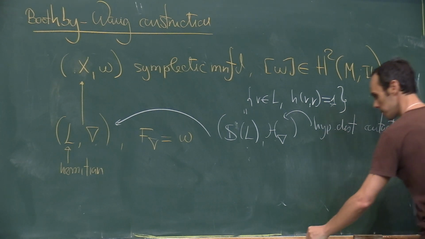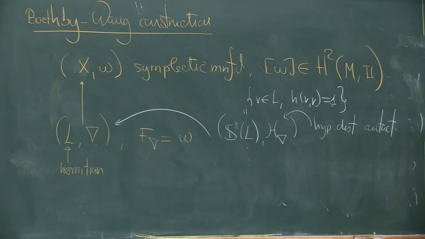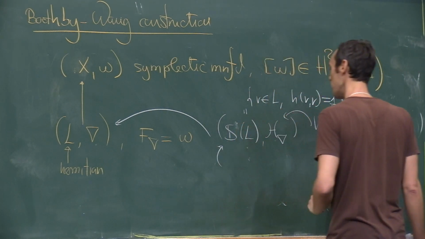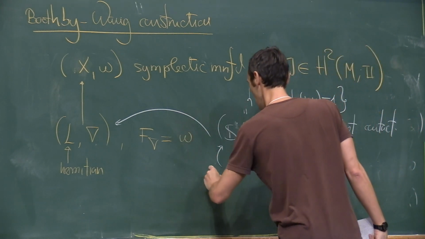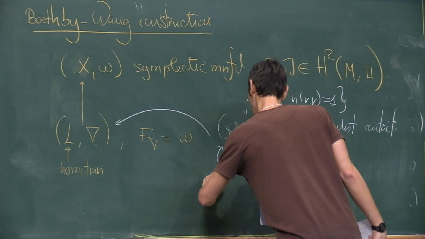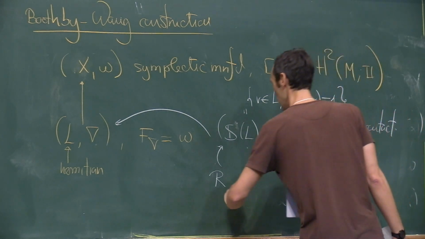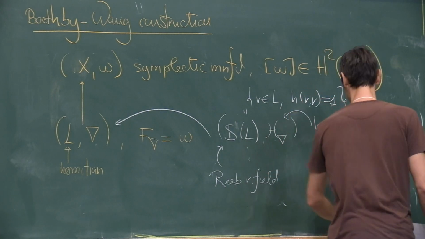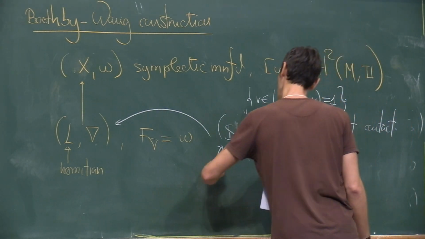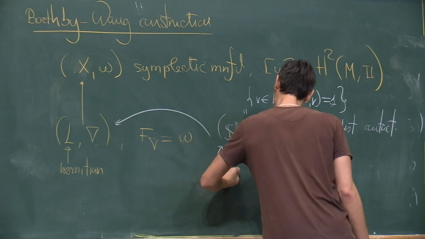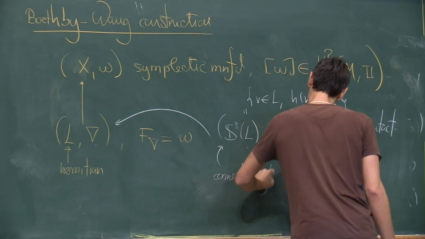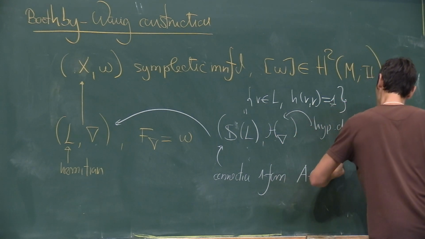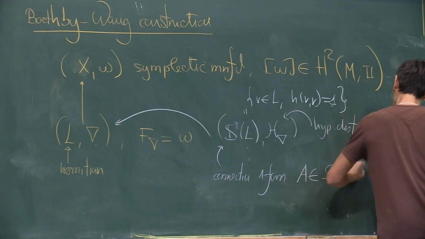So you see, perhaps one can also say that these, as contact manifolds, are very particular because there is a Reeb vector field. Here you can basically write the connection one-form on this sphere bundle, and this connection one-form is a usual one-form on the sphere bundle.